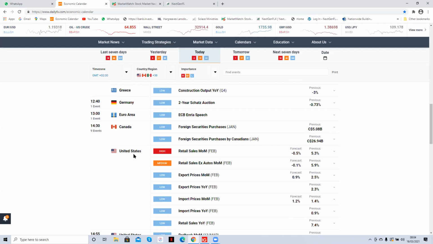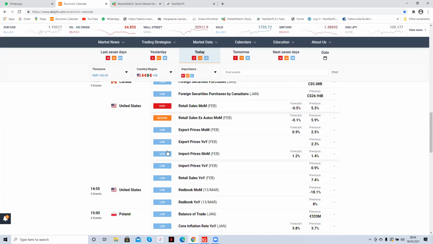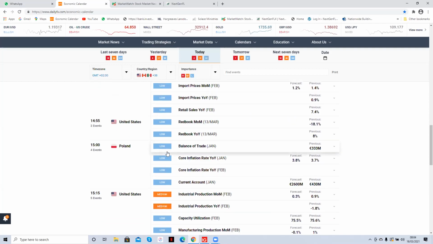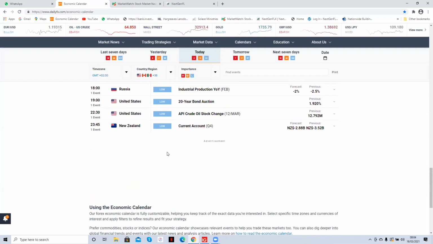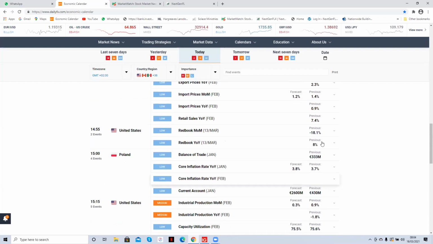All markets are affected by reports of high importance due out from the United States. So this report at 2:30 is going to affect the Euro-US dollar and also the dollar Canadian dollar. And that is the last report of high importance today.